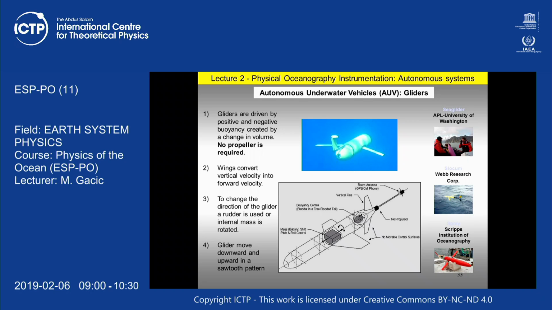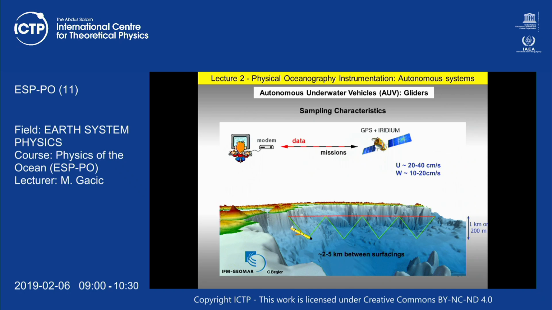This is how it looks in the sea. Here is a video of how it moves. You can see each time that it stays at the surface, it sends the data to satellite and then to the data center.